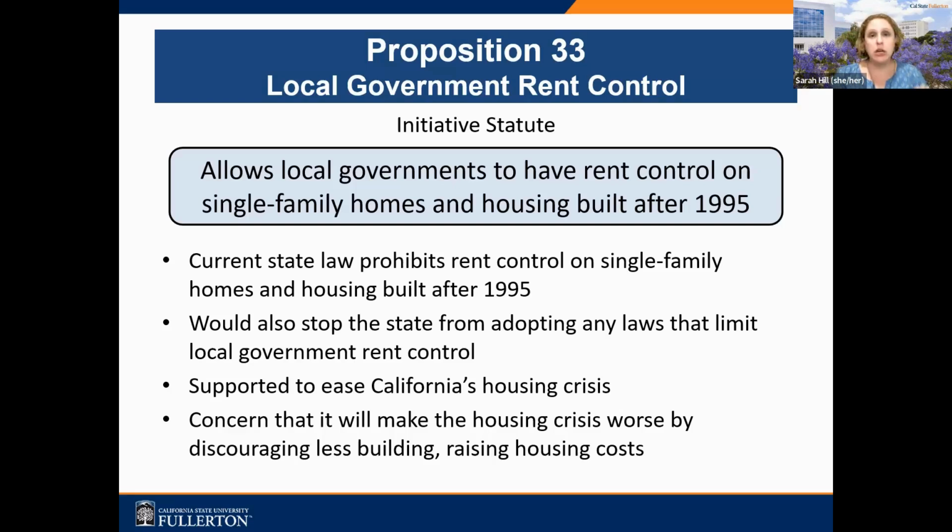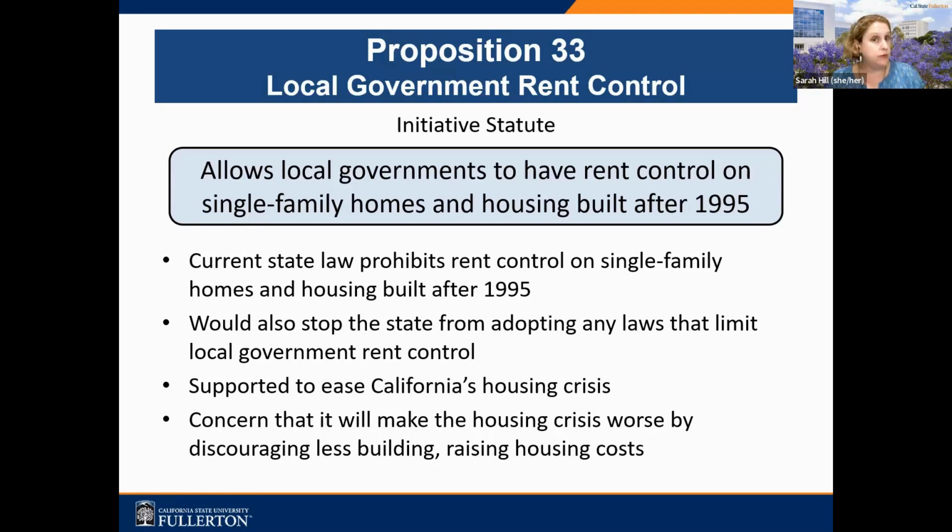So current state law prohibits rent control on single family homes and housing built after 1995. That's the current law. We do currently have rent control in some cities. It just applies to other types of housing. The state would also not be allowed to adopt any laws that limit local government rent control. So this would very much put any decisions about rent control in the hands of local government.